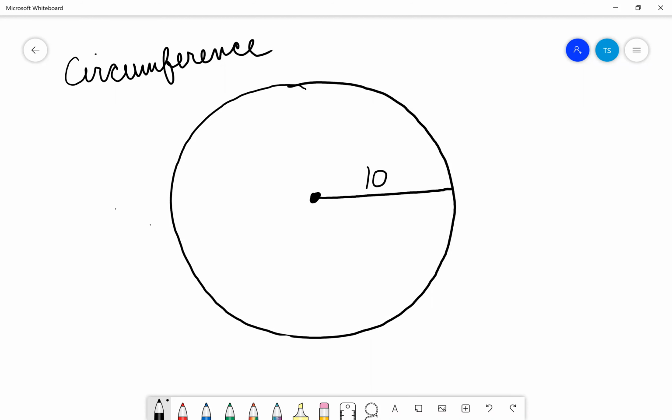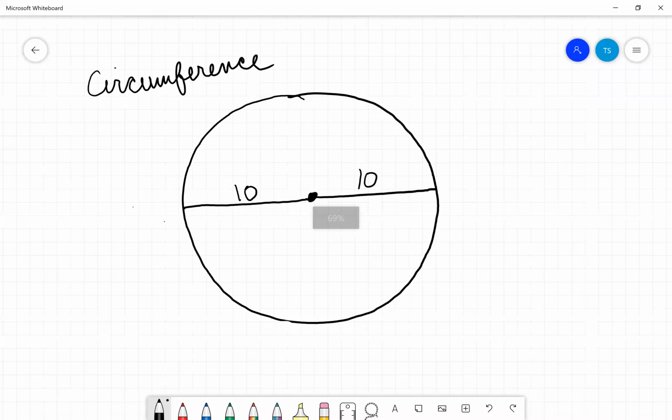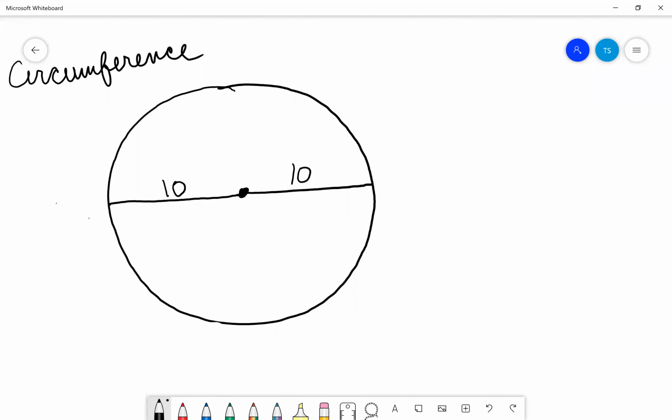The length from the middle of the circle to the outside is the radius. The diameter would be the measurement from one end to the other. So the diameter of this circle would be 20, because you have 10 plus 10, the whole diameter would be 20.